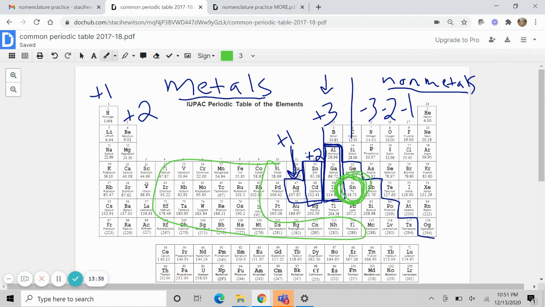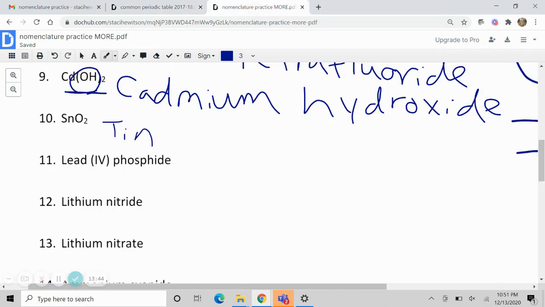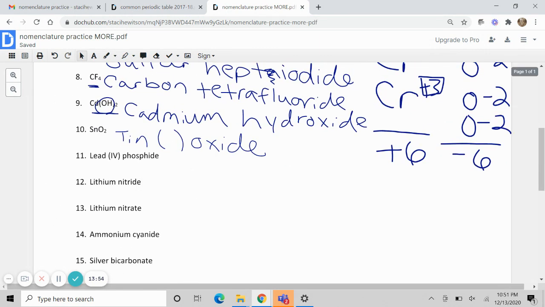Tin and lead do need Roman numerals because we don't know their charges. They're not in the triangle, they're not in groups 1 or 2, so they do need Roman numerals. So it's going to be tin, Roman numeral something, oxide. Let's figure out what that Roman numeral is going to be. Problems like this are on pre-comps every year, so you need to know how to do this.